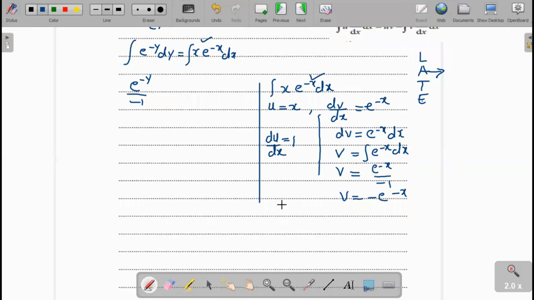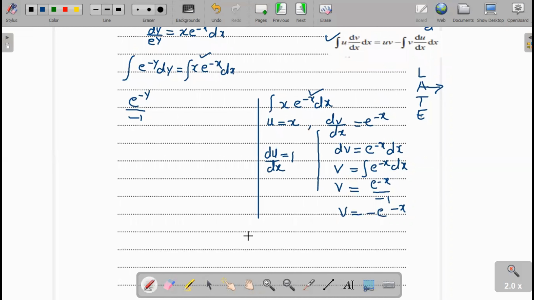using the product rule, x into e power x is equal to uv minus the integral of v into dv over dx into dx. Now we put the values from above.